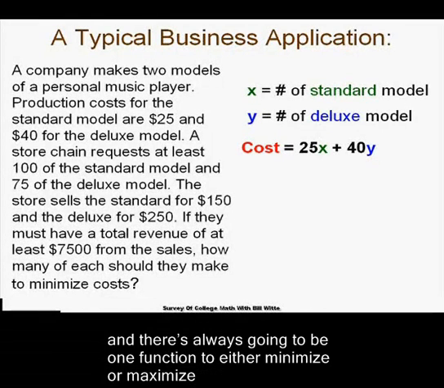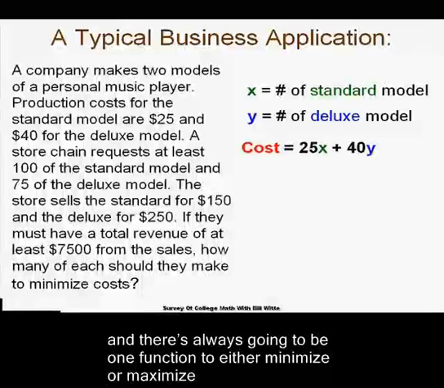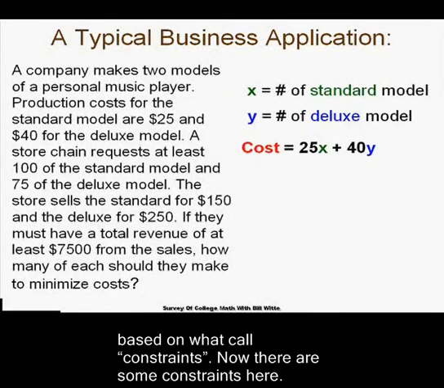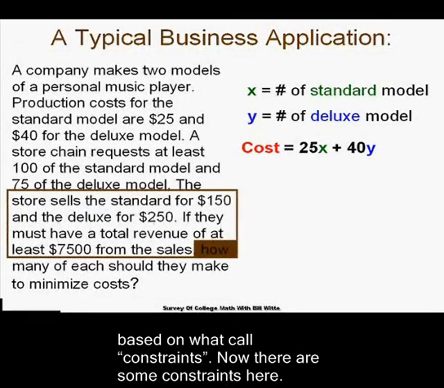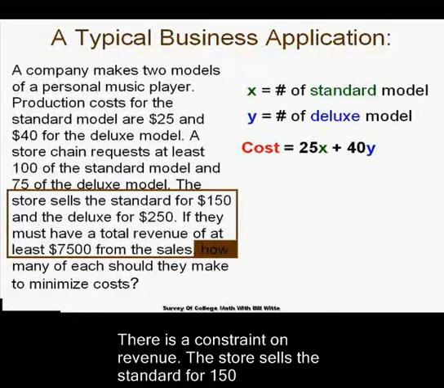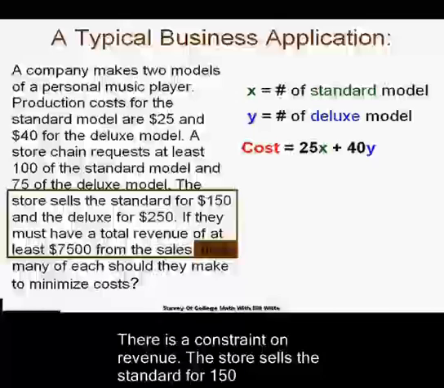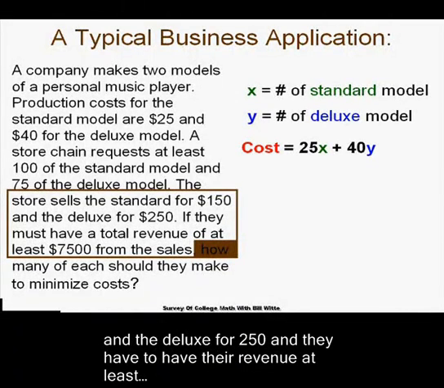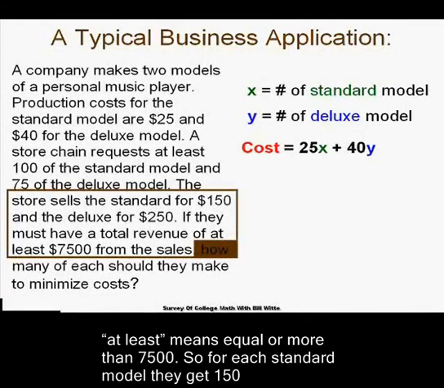Okay, that's our cost function, and that's what there's always going to be, like I say, one function that we're going to minimize based on what we're going to call constraints. Now there's some constraints here. There's a constraint on what? On revenue. Okay, let's see. The store sells the standard for $150 and the deluxe for $250, and they have to have their revenue at least, which means equal or more than $7,500.